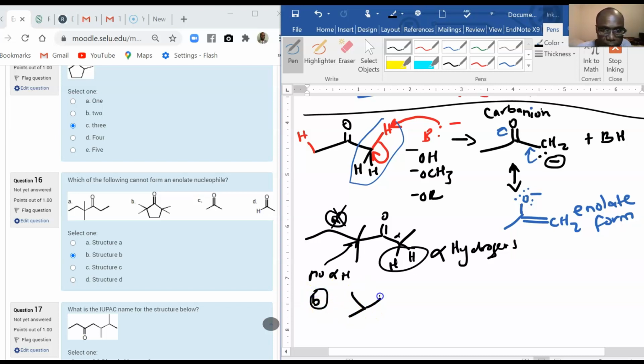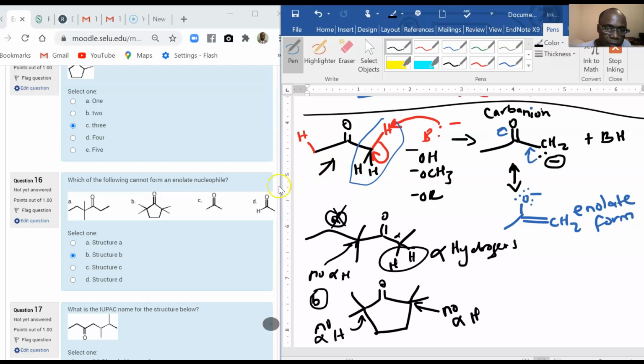B. Here there is no alpha hydrogen. Here there is no alpha hydrogen. How do I know that? We already have 4 bonds. So the answer is B. C is what I've done. And then D, ethanol, has alpha hydrogens right here. So that can form an enolate.